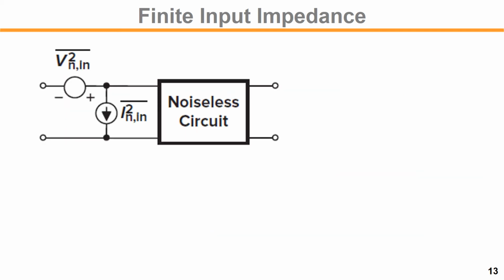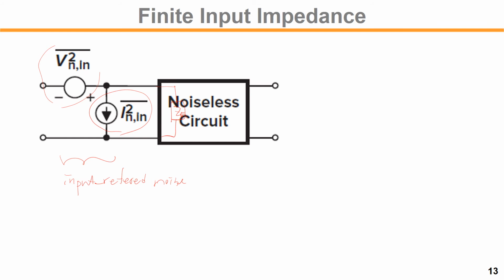So in the general case, when we model the noise at the input referred noise source, we have to consider both noise voltage and also noise current, like this. In that way, any input impedance Zin can be handled, right?